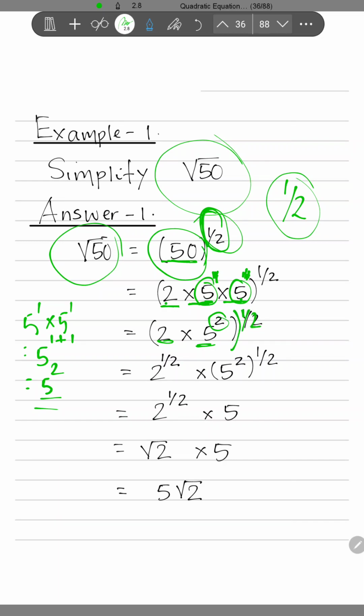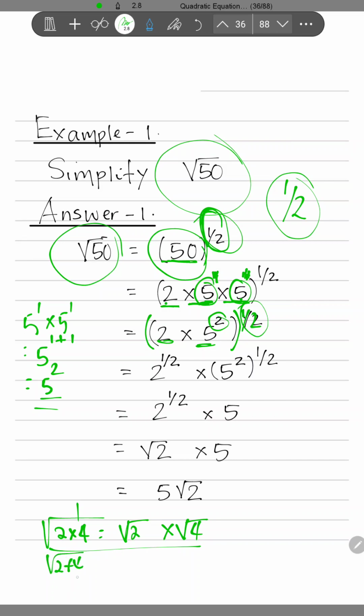The power of half is applied to both. So I can give it to one another. What does this mean? Let me explain it here. Square root of 2 times 4 is equal to square root of 2 times square root of 4. In case of multiplication, we can separate, but this will work only in case of multiplication and division. In case of addition and subtraction, we cannot do that.